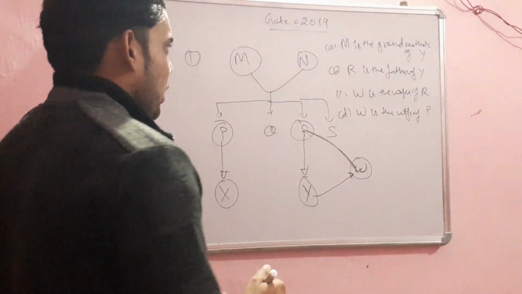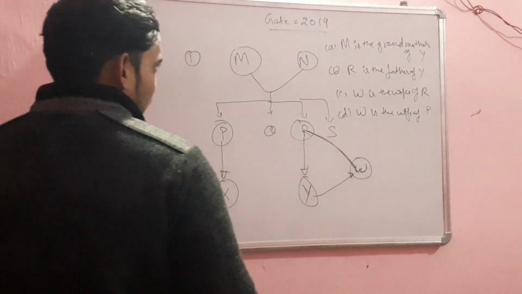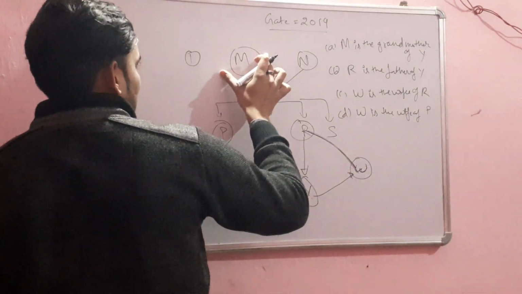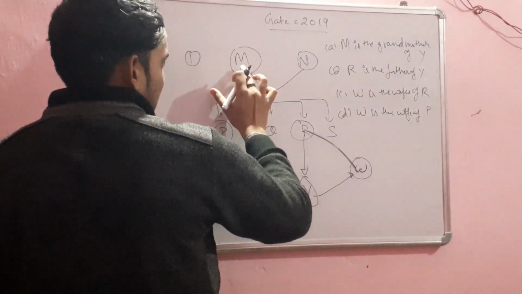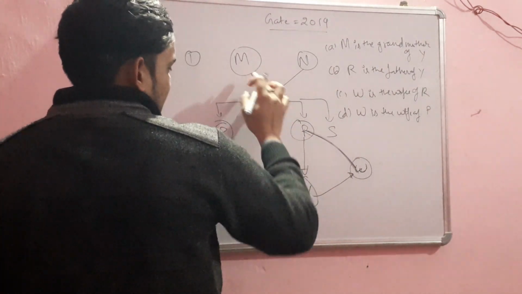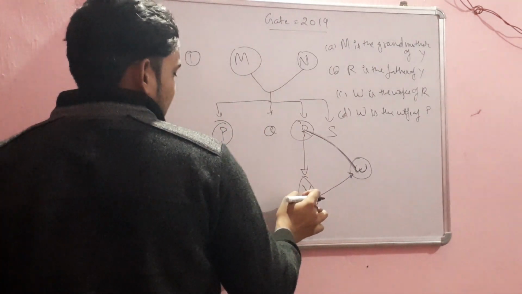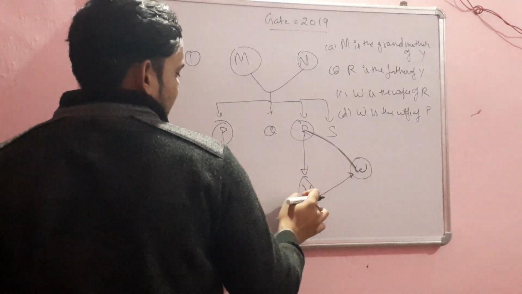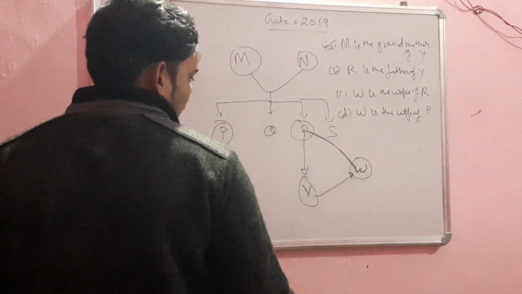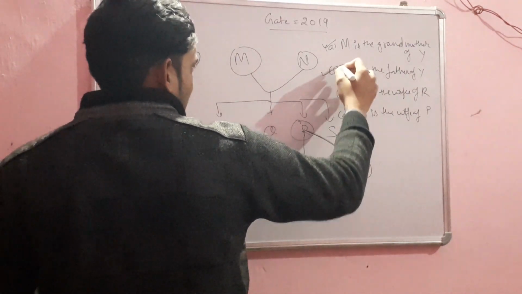Okay, so we can cross-check this. M is the grandmother of Y. We do not know if M is male or female. Let us assume that it's a female. Then it is possible that Y is the grandchild, so it is a correct statement. R is the father of Y, it is also correct.